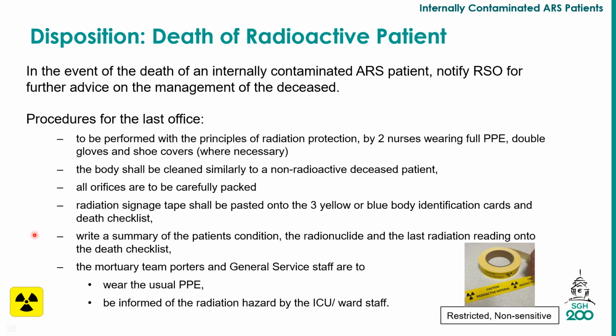Write a summary of the patient's condition, the radionuclide and the last radiation reading onto the death checklist as well. The mortuary team, porters, and the general service staff are to wear the usual PPE so as to prevent contamination, and be informed of the radiation hazard by the ICU or ward staff.